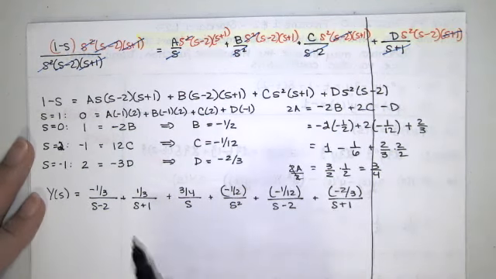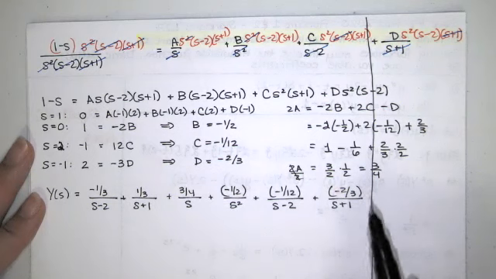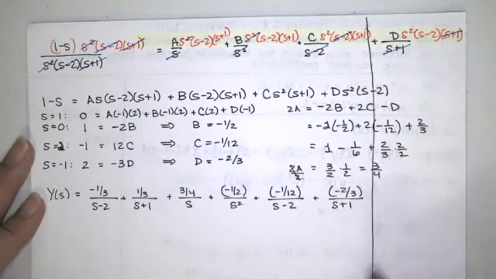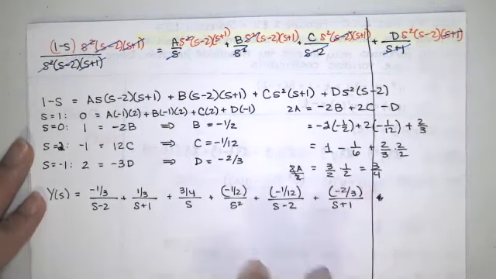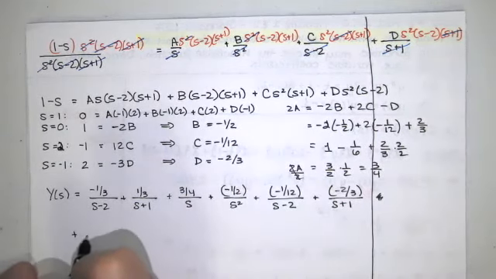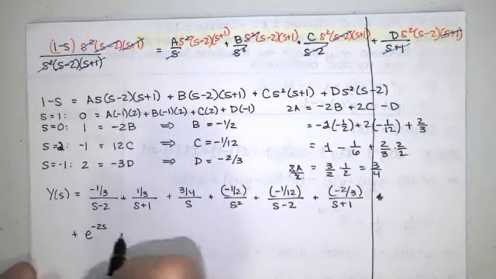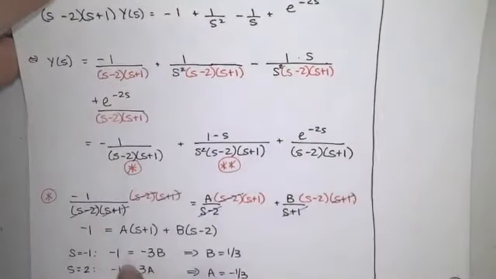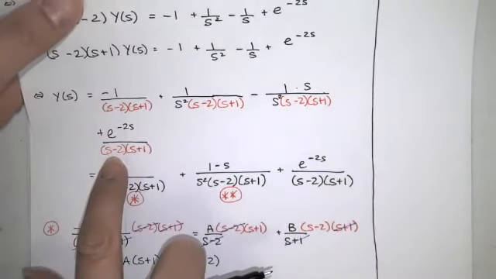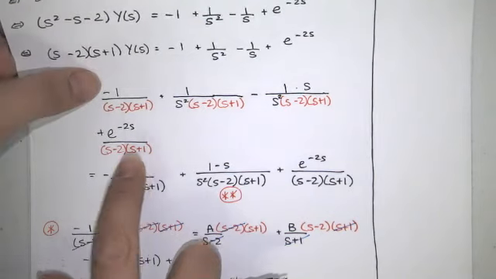And you could combine these. I've got a 1/3 here and a negative 2/3 there. And then there's an exponential expression. Before we combine them, let's add that exponential expression. Then we had e to the negative 2s times positive 1 over s minus 2 times s plus 1.